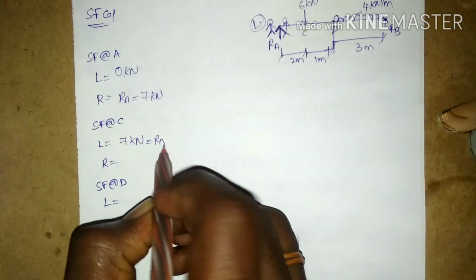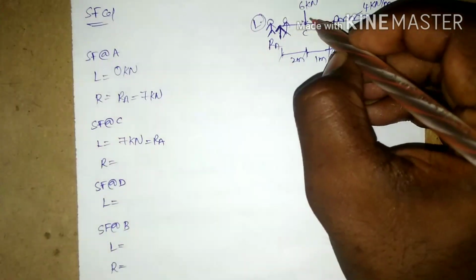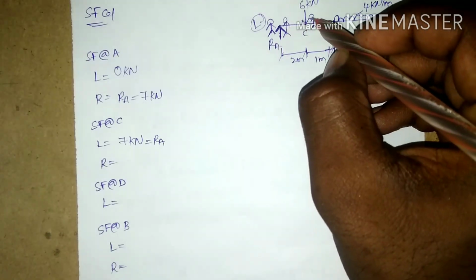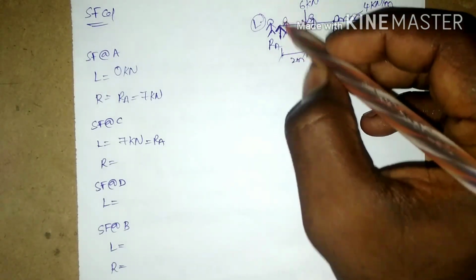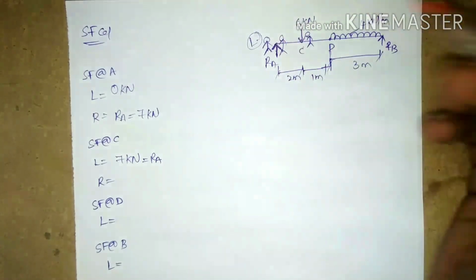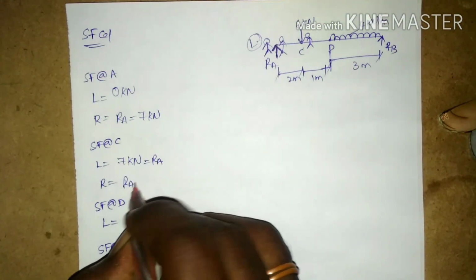When I stand just right of C and look towards the left side, I find RA in the upward direction.